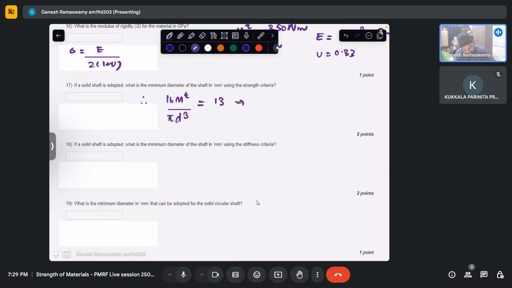Therefore d is cube root of this 13, let this be sigma allowable. Right. So this will be 16 mt divided by pi sigma allowable, cube root of that.